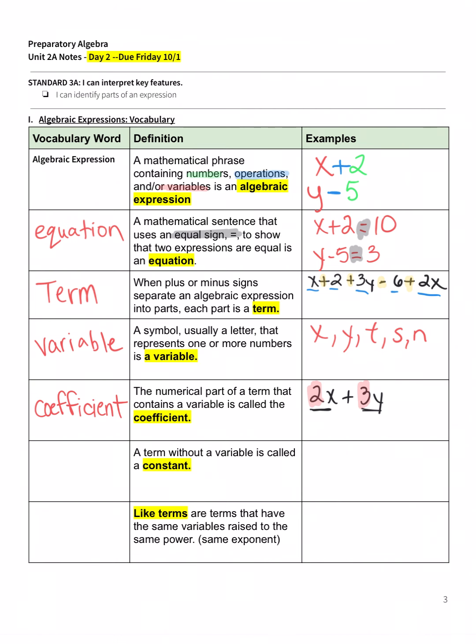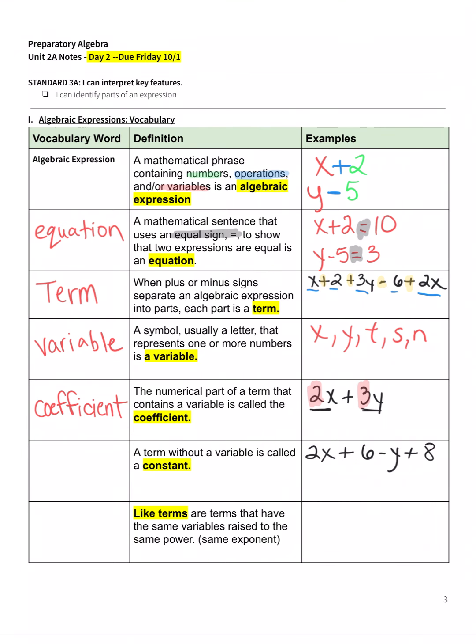All right, the next thing we have here is a term without a variable is called a constant. So again, let's just say we have our equation. We'll do 2X plus 6 minus Y plus 8.